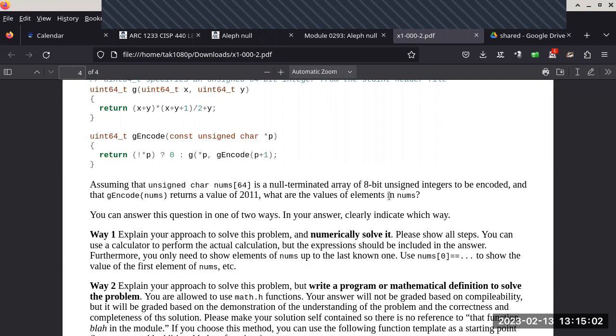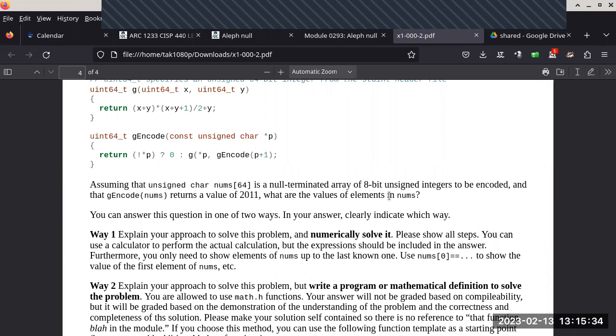I'm calling gencode with nums as my argument, an array of 64 unsigned characters. The function returns a value of 2011. So the question is, how do I reverse from 2011 as the return value of the invocation of gencode and figure out what actually are the characters in nums?